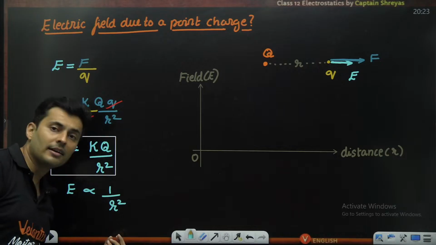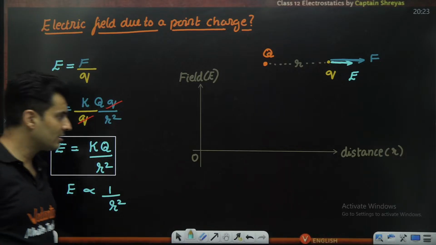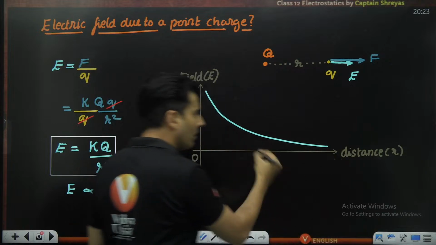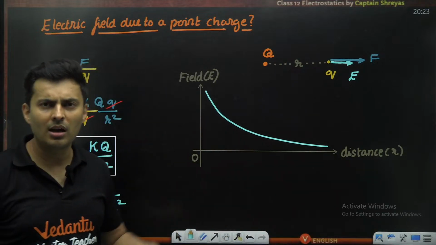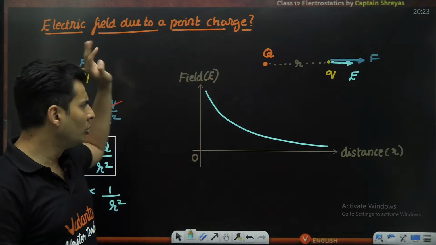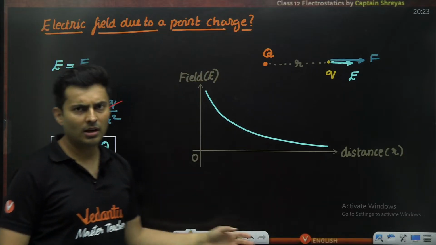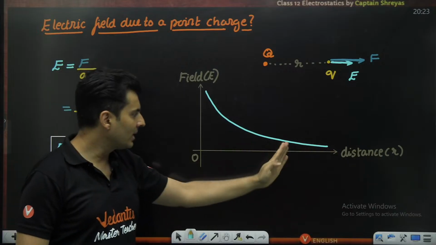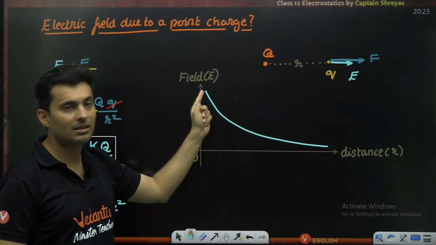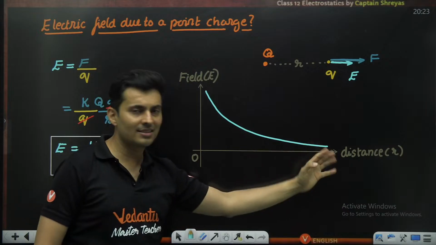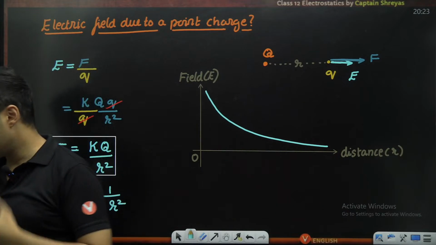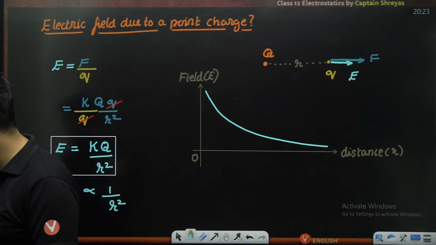When distance decreases, field increases. So the graph of it looks somewhat like this. It's a curve, it's not a parabola, hyperbola, ellipse, nothing like that. It is just a curve. As you can see, for smaller distance, the field is strong. For very large distance, the field becomes weaker, as expected. Everybody till this point absolutely clear?